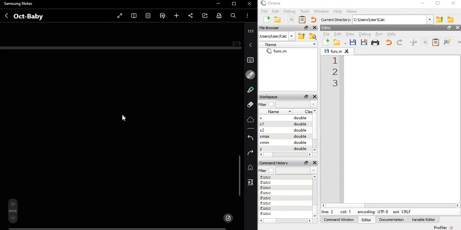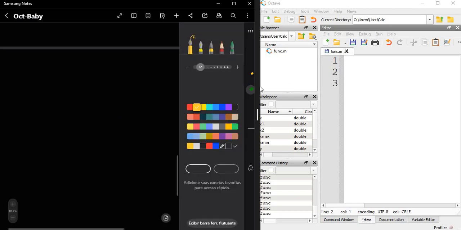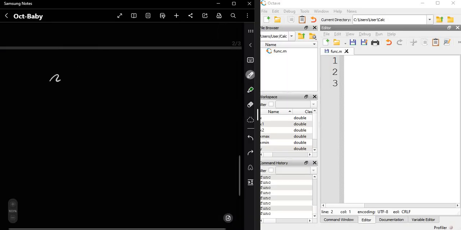Okay, so continuing with this, right now we will study, again just doing a sketch, but now the function will be 1 over x.